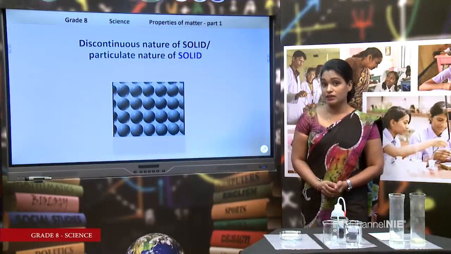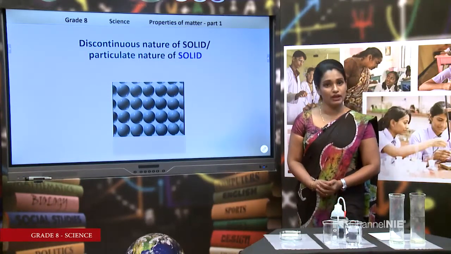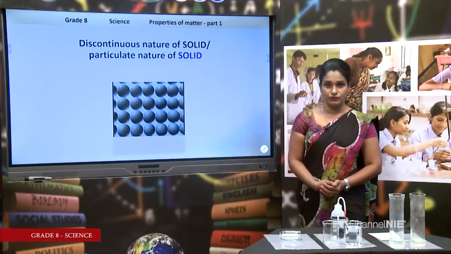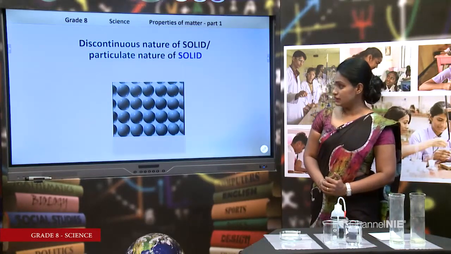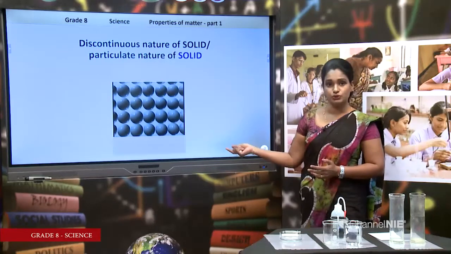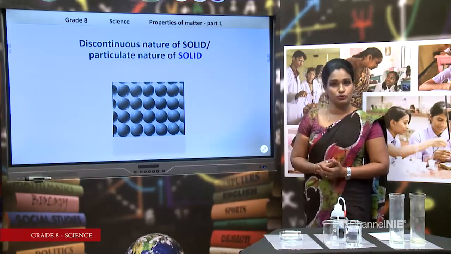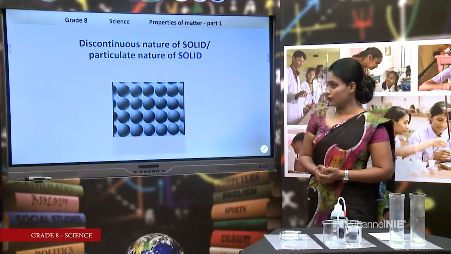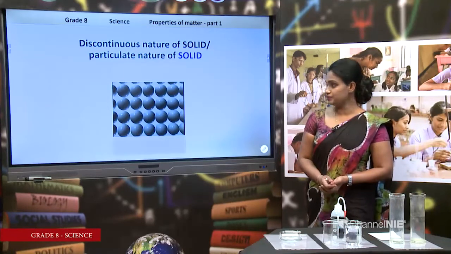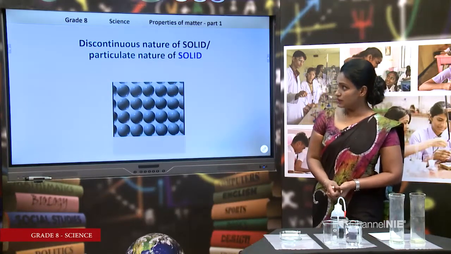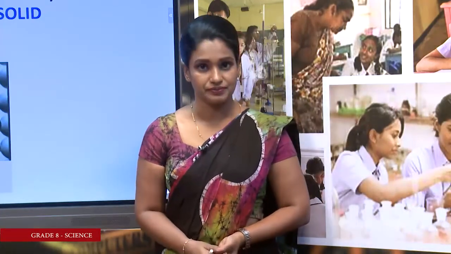Think that you are in your classroom. When you are in the classroom, you behave like this. When your teacher is in the classroom, your teacher can come to you because of these spaces, but you cannot move here and there. You have to be there, you are nicely arranged in your classroom. So, that is how particles are arranged in a solid matter.